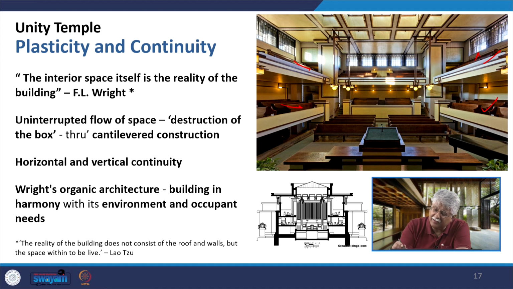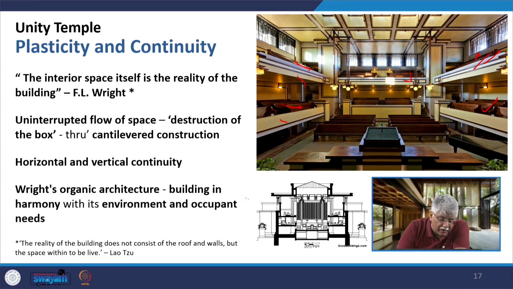And he was able to do this by putting these balconies on all sides. So there is a plasticity. What he meant was there is a certain moldability about the building now. There is a certain continuity about it, both horizontal movement and continuity and vertical movement and continuity.